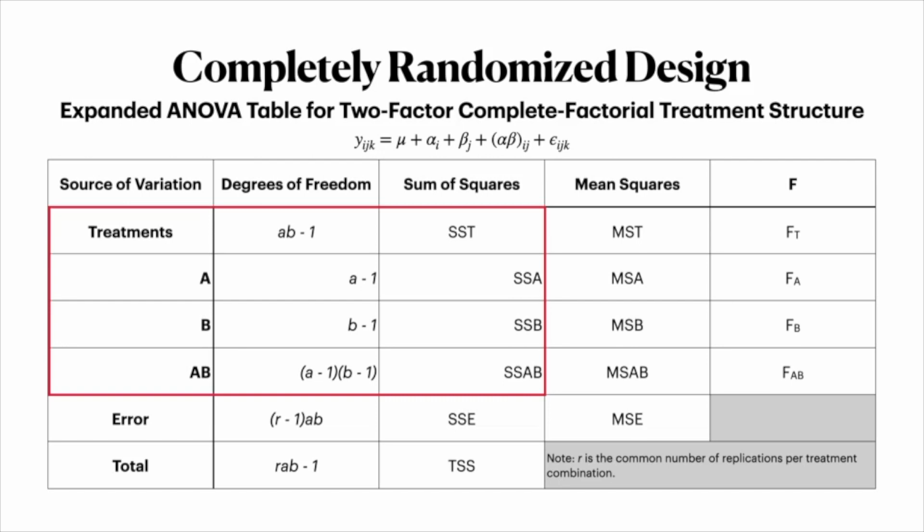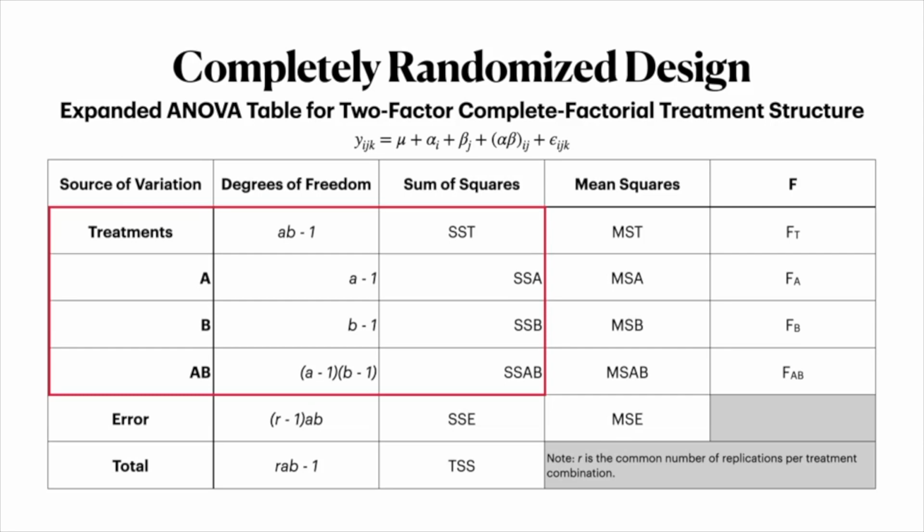But if we represent it as an effects model, then we can expand that ANOVA table to include those sources of variation. And it doesn't depend on the design structure. We do the same thing. That treatment structure portion of the ANOVA table is independent of the design structure part of the model and the design structure part of the table.